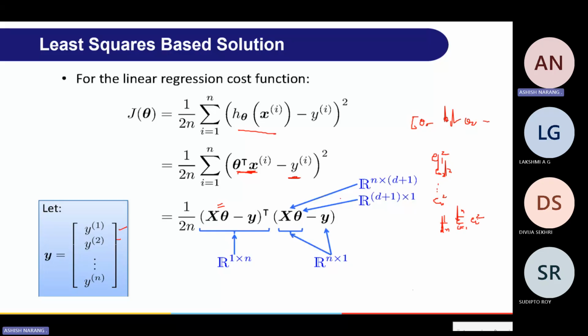If you look at this X theta minus y, this is theta transpose xi minus yi squared. So this particular portion is the E1 part, and E1, E2, up to En, in this form it will come.